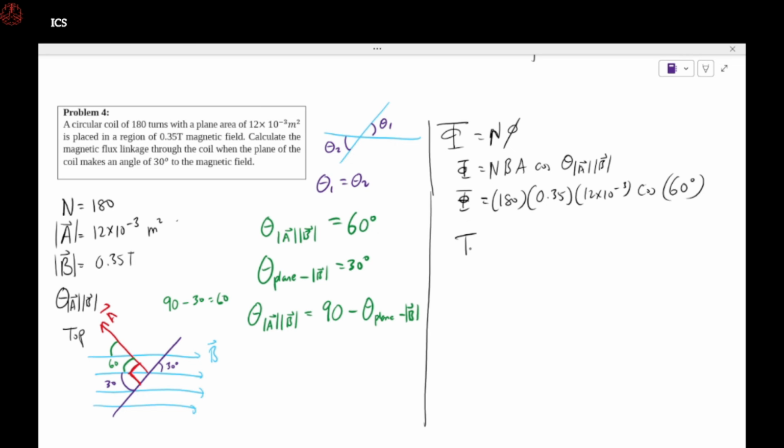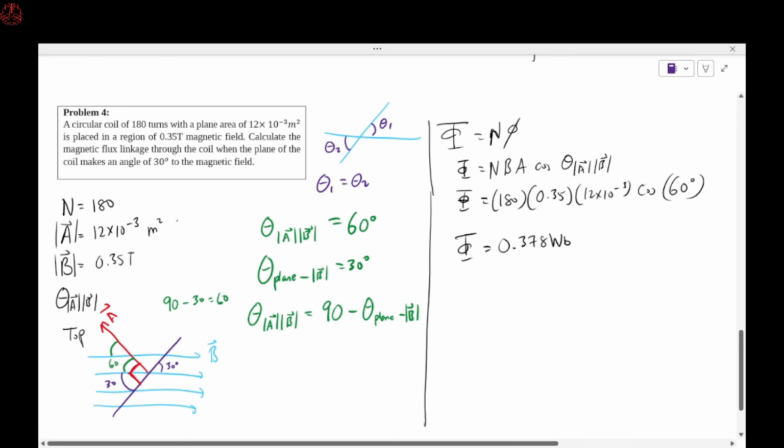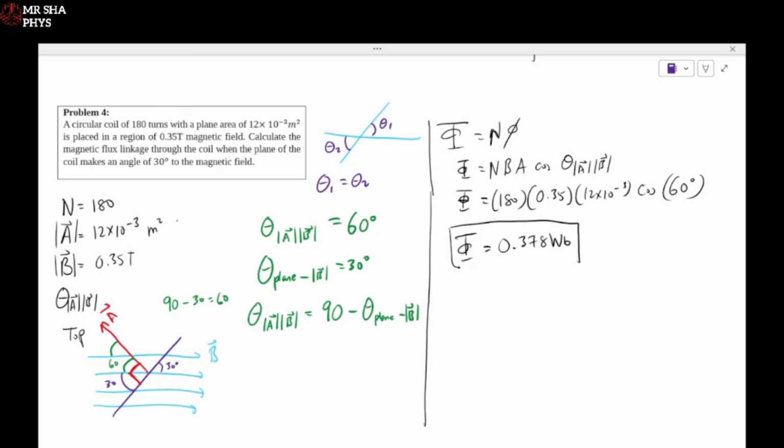So then my magnetic flux linkage is equal to 0.378 Weber. And that is my final answer for this question.